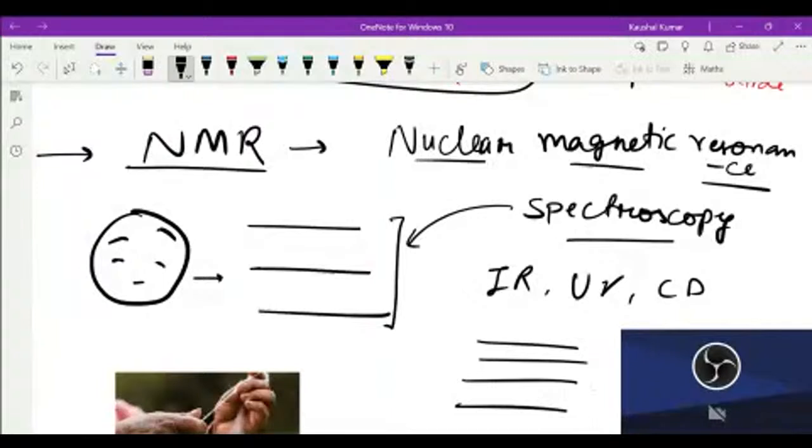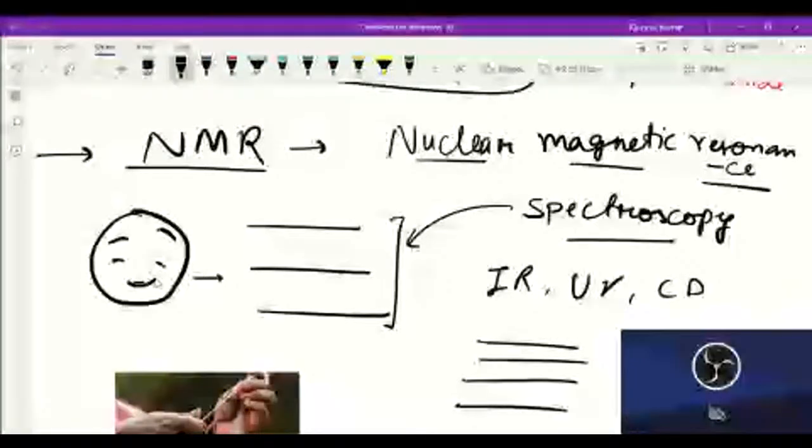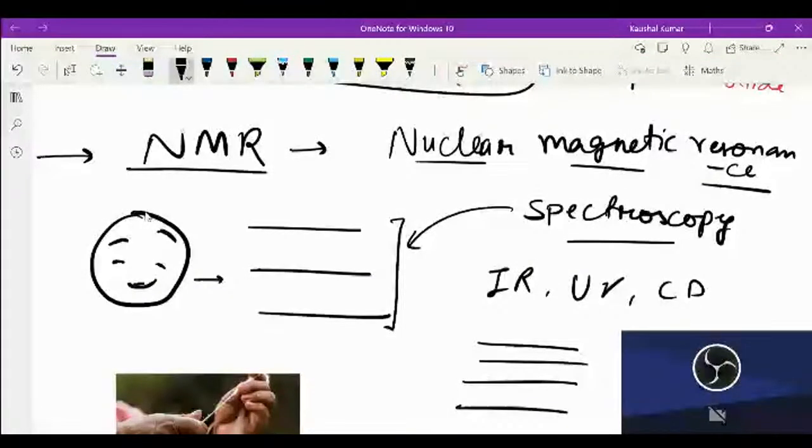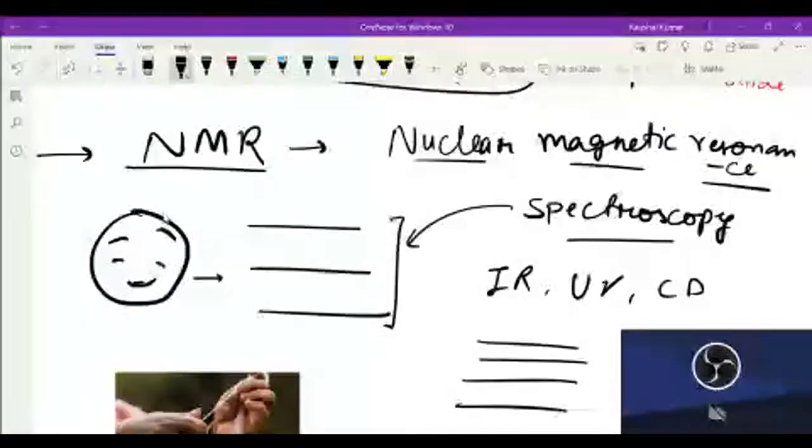So this is the spectra, and this is your atom, and make it a little happy because it has different types of energies, like rotational energy, vibrational energy, or magnetic energy. As you saw in UV, IR, CD spectra, there is a difference in their energy level.